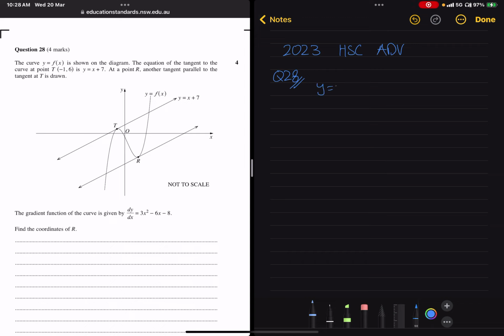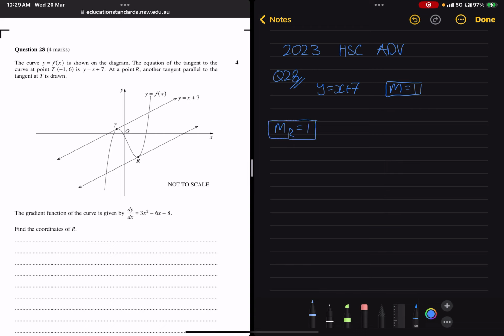So y equals x plus 7, this is the tangent line up the top. It has a slope of 1. M is equal to 1, y equals mx plus b. This means the slope of the lower tangent that passes through R is also 1. So the slope passing through R is 1.